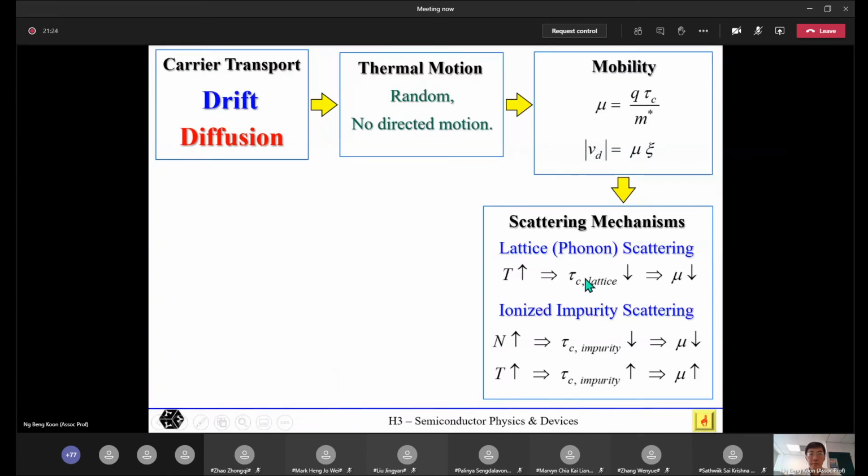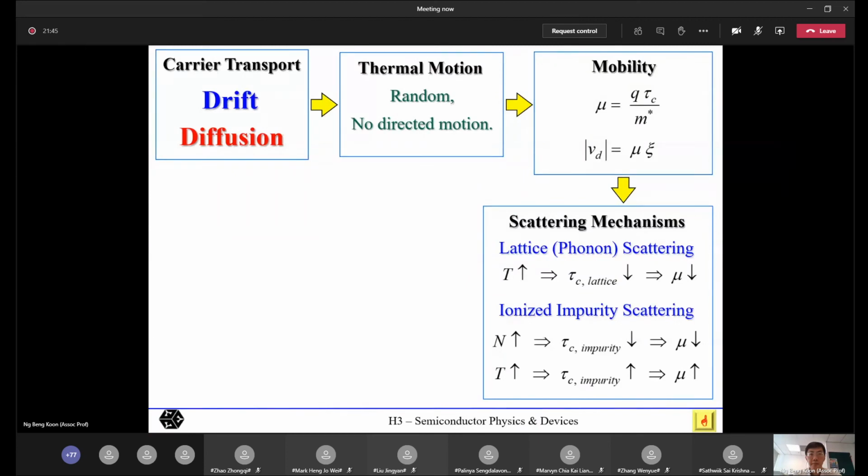So in terms of the effect of lattice scattering on mobility, when the temperature increases, it would reduce the mobility of your carrier, based on this mechanism, if the lattice scattering is the main mechanism that limits the movement of carriers.